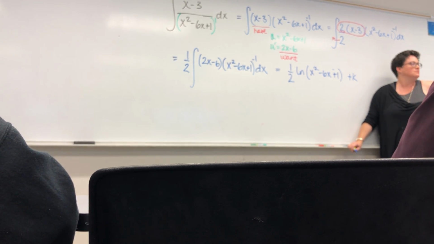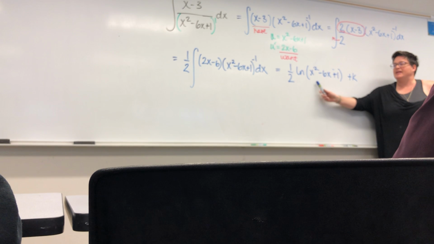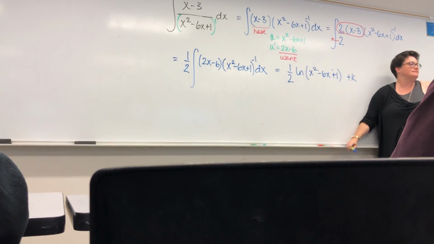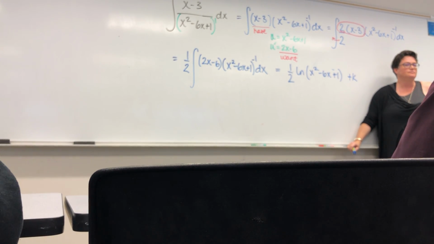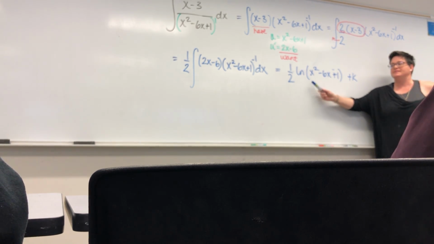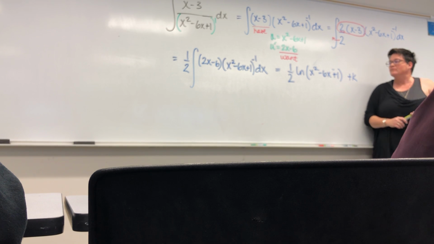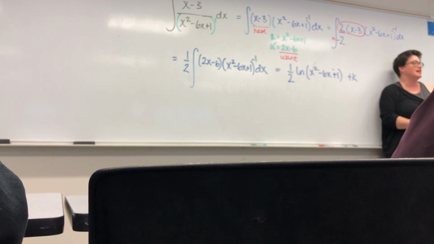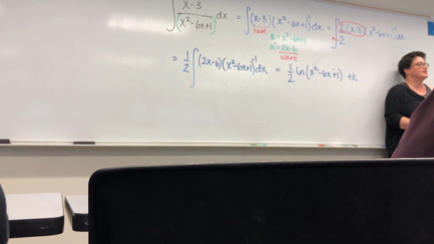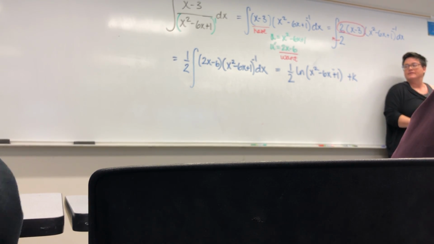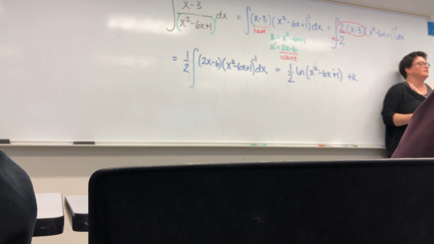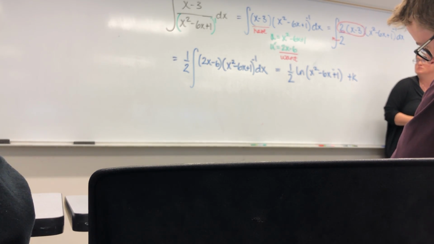But just FYI, the proper math is this would be an absolute value of the natural log. Natural log can't be negative, can it? No, you can't have a negative input into the natural log. We talked about that when we introduced natural logs. That's why it gives an absolute value in the integral.